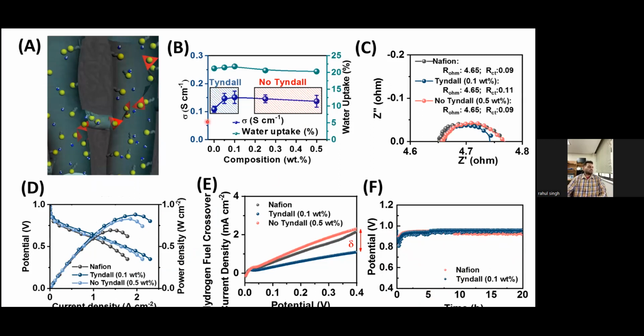And here we have shown that up to a certain level, introduction of the filler can increase the conductivity, but after that it gets saturated. So extra filler can damage the mechanical strength also, and it will not lead to the enhancement of conduction or other things.